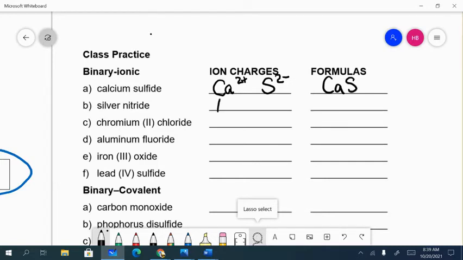Silver nitride. Don't make the mistake with silver. Silver, if you remember, we put an O around it because it is only +1. You can also look in your list of single atoms or single elements, which is to the left of the polyatomic ions. It'll remind you that silver is +1. Nitrogen has 5 valence electrons.